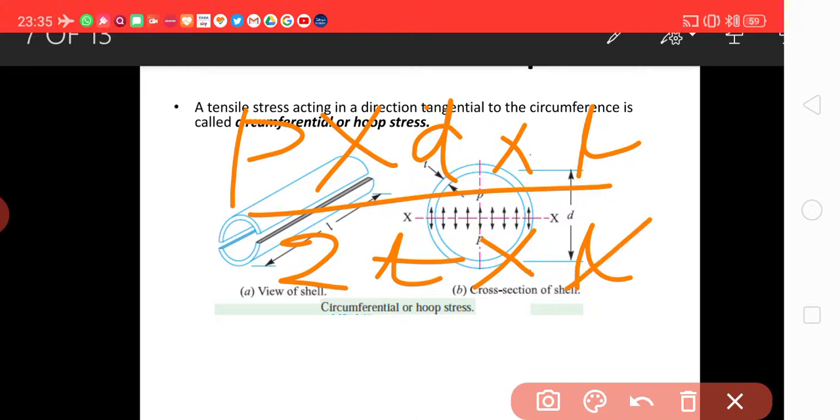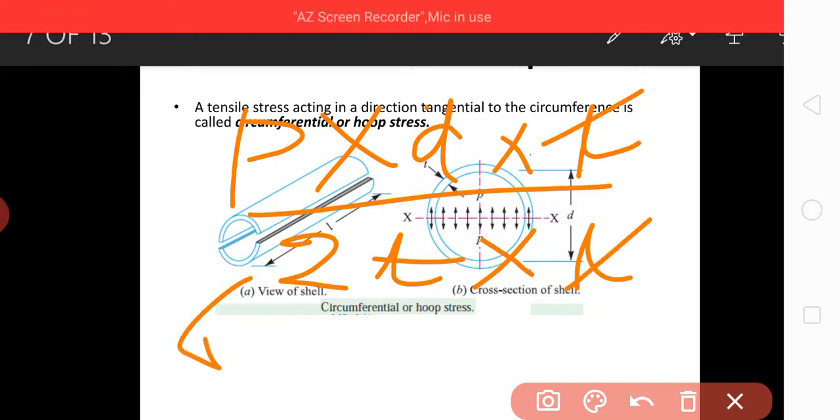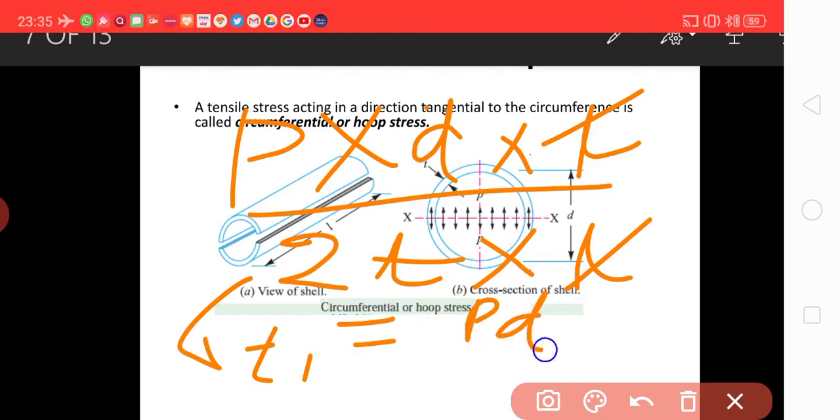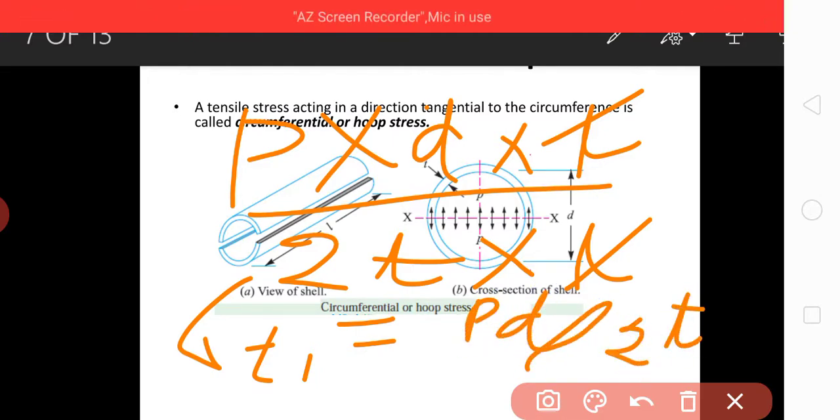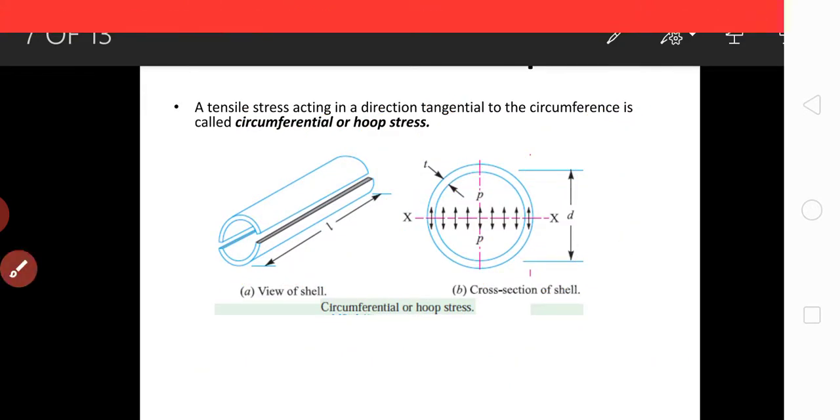So length cancels, and sigma T1 comes out to be PD upon 2T. The same will be derived on the next slide.